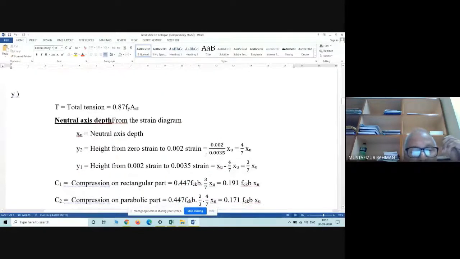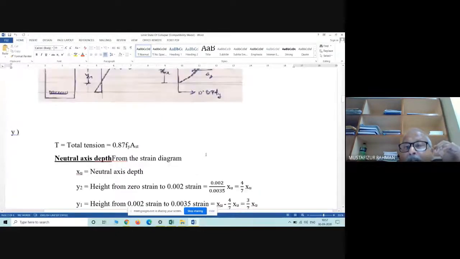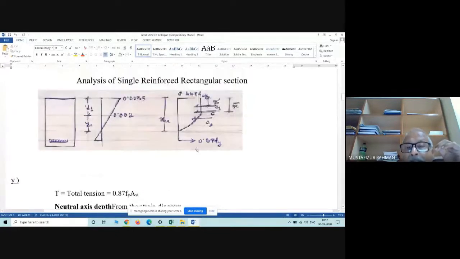When C1 is the compression on the rectangular part, the rectangular part is 0.447 into the rectangular part, which is y1. This is rectangular, this is parabolic.